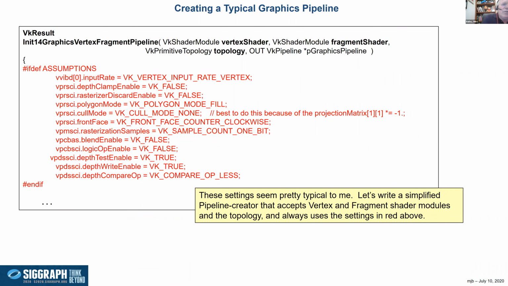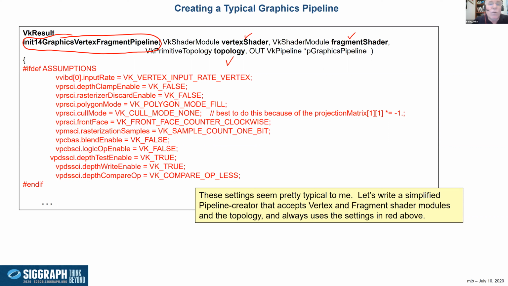The sample code makes the rash assumption that for many things you want to do, the only difference in the pipeline data structures is what the vertex shader is, what the fragment shader is, and what your topology is.